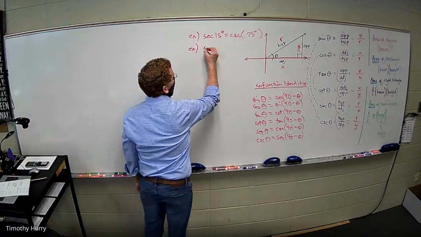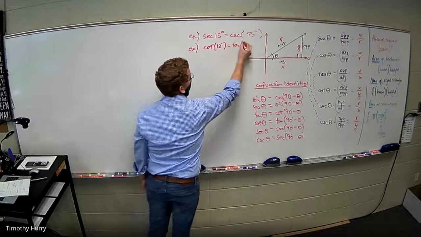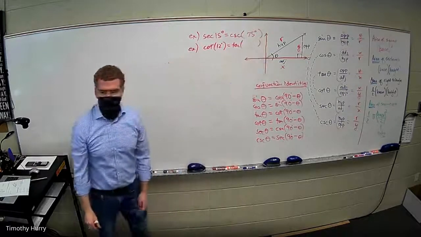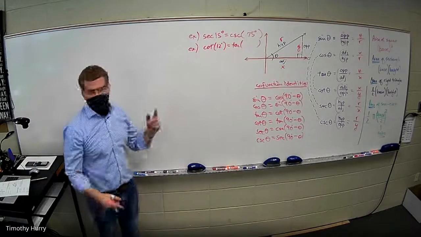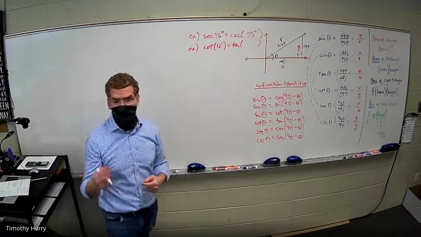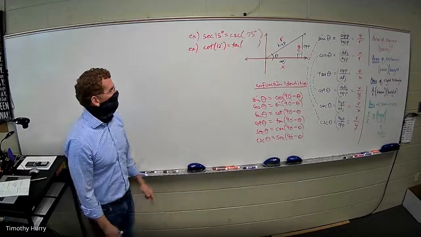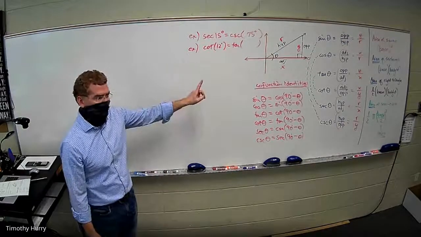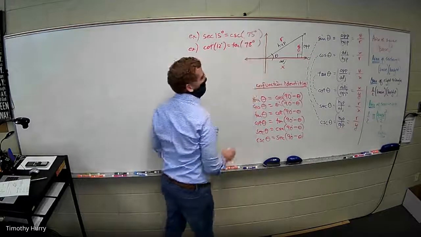The cotangent of 12 equals the tangent of, and these are actually reciprocals. But we'll get into that later. But how are cotangent and tangent related? 78. 90 minus 12, 78 degrees.